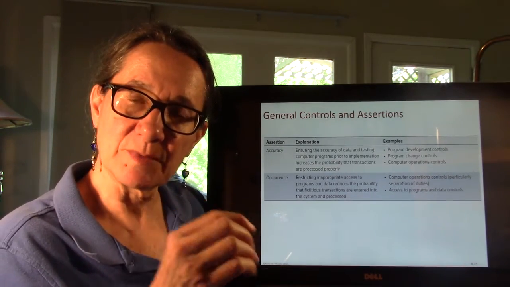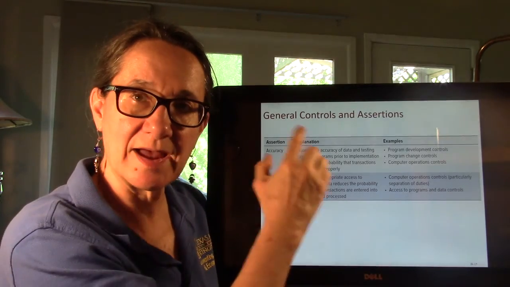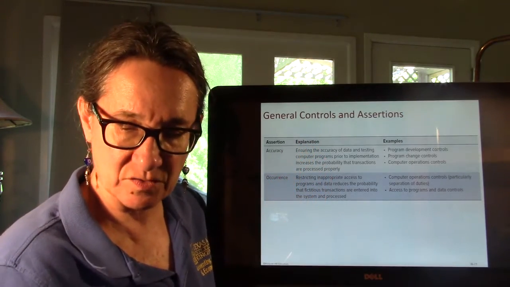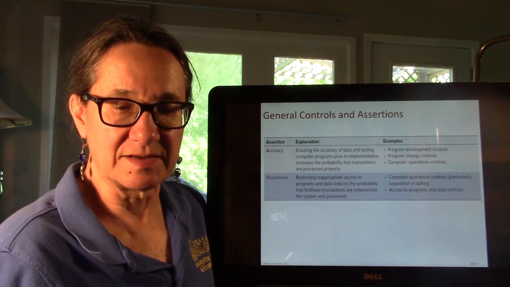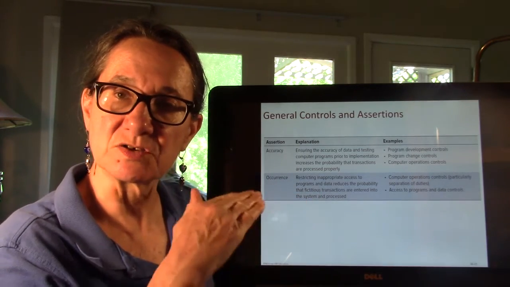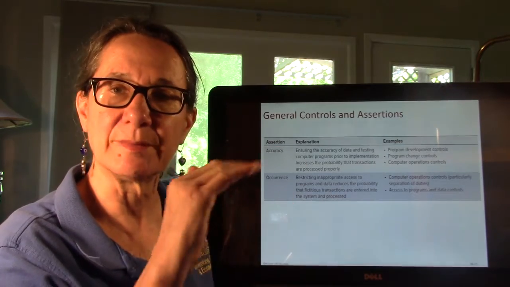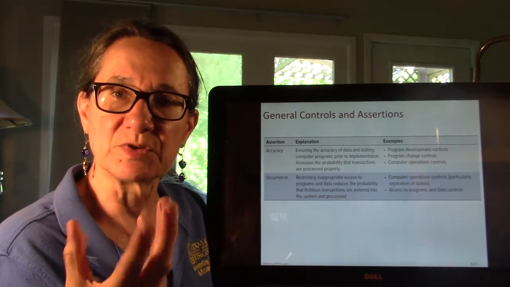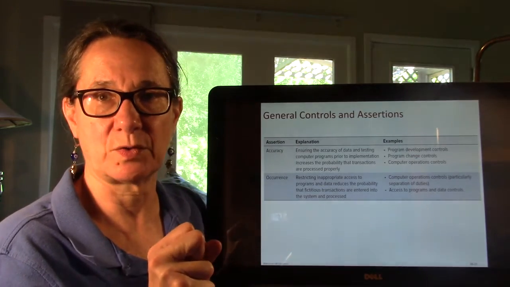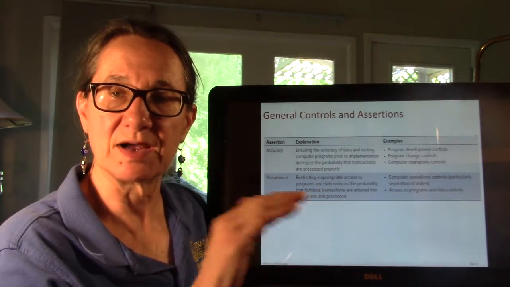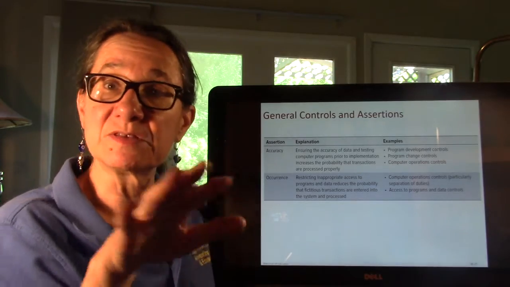Controls in information systems are going to accuracy and occurrence, right? The data makes sure that the transactions are always the same every time and they're the right numbers. It's not like the computer's going to make a math error. It's going to total exactly what it's supposed to total. It's going to use the right price. It's going to use the right discount if it's been inputted properly.